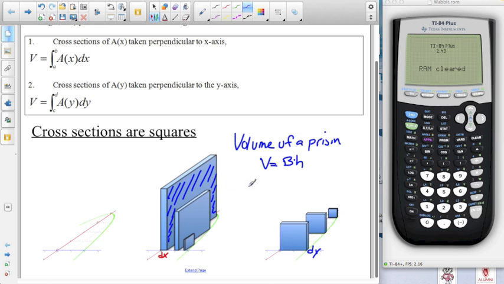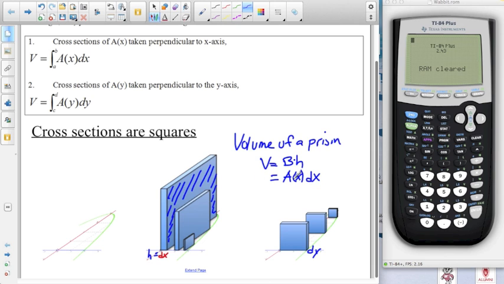That area is going to be related to the parabolic function, so it is going to be some function in terms of either x or y. I'll go in terms of x here. And the height of this prism is nothing more than that thickness, so the height becomes that incremental dx or dy.